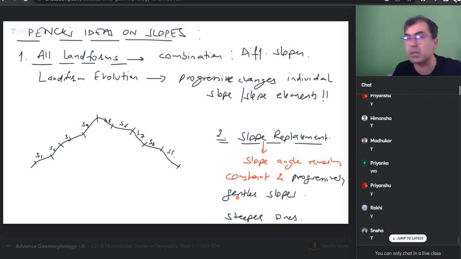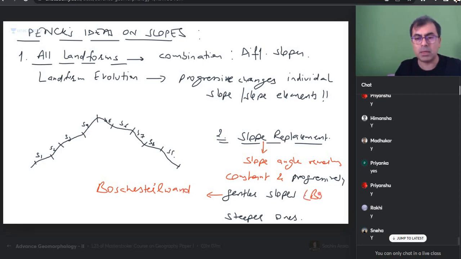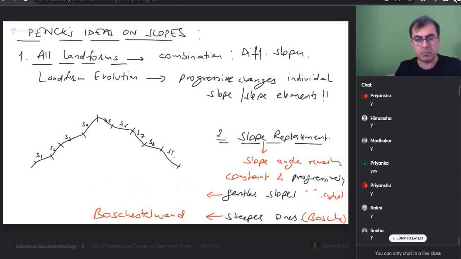Okay, gentler slopes replace the steeper ones. अब gentle slope के लिए एक नाम है. What is the name? Bosch's steel wand, also called as Bosch slope. Sorry, ये मैंने उसका लिख दिया steeper slope. Bosch's steel wand is the steep slope and gentle slope is called Heldenhang. My mistake. If you had to cancel, I'm sorry. Heldenhang.